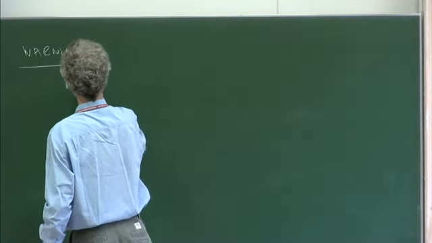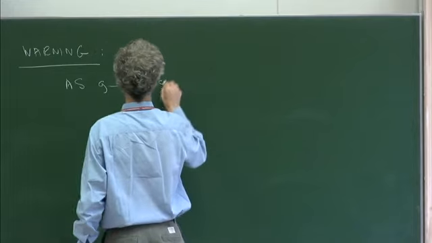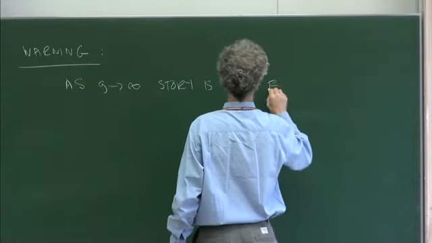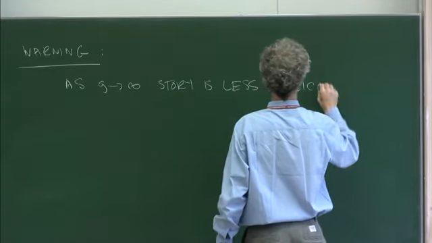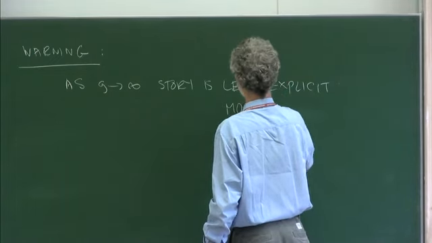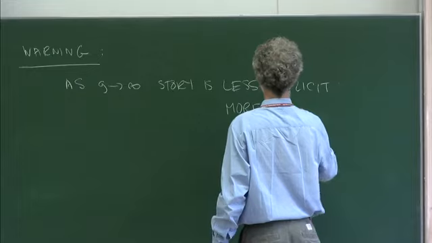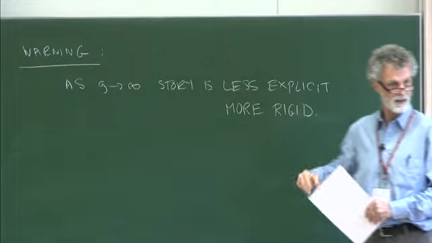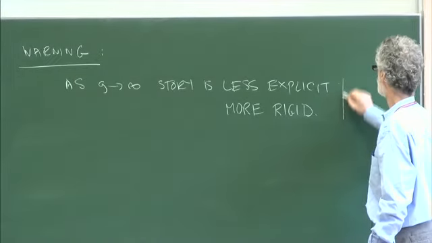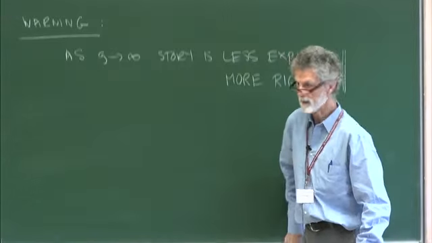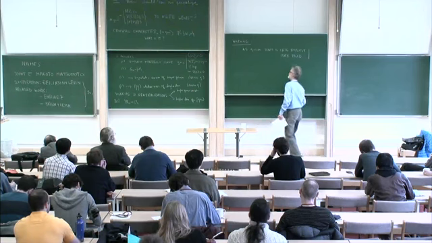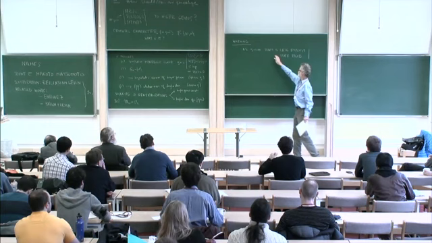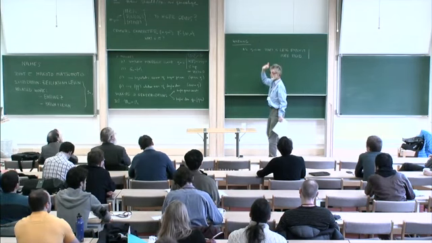As g goes to infinity, the story is less explicit, but in a sense it's more rigid. All the stories in all g are related, as I'll explain, with some ideas that come from GT, Grothendieck-Teichmüller. So it's hard to write down integrals of things that you can compute here, or that I could compute.